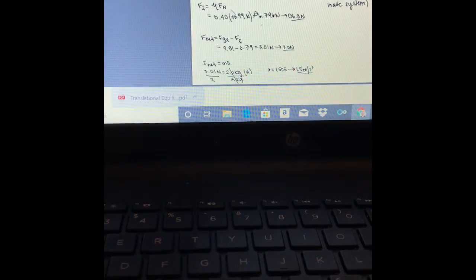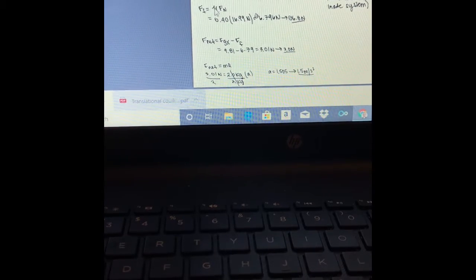So you're going to take that 0.4, and friction equals mu times FN. So 0.40 times FN equals 6.8, and it's going to be negative because it's going left. So then you're going to put negative 6.8 newtons there.